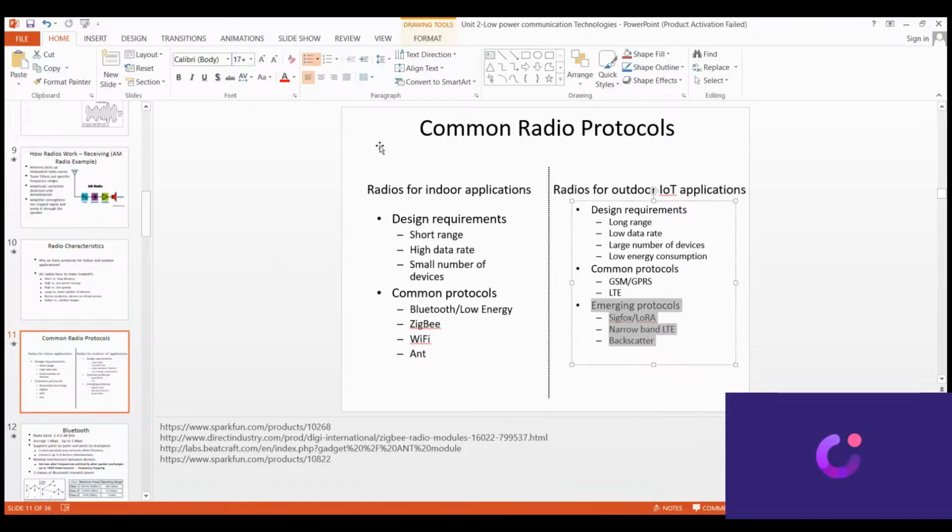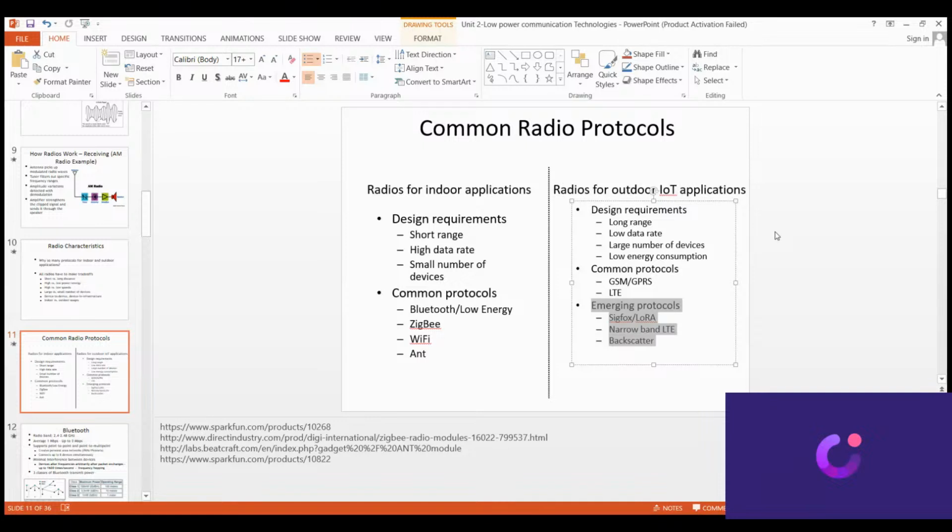So in short, these are common radio protocols used for indoor applications. We have the design requirement, and we also have the common protocols applicable to that.